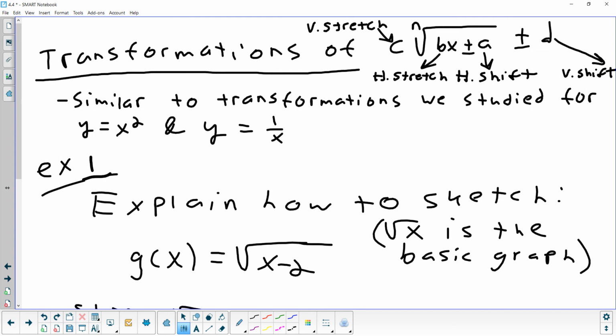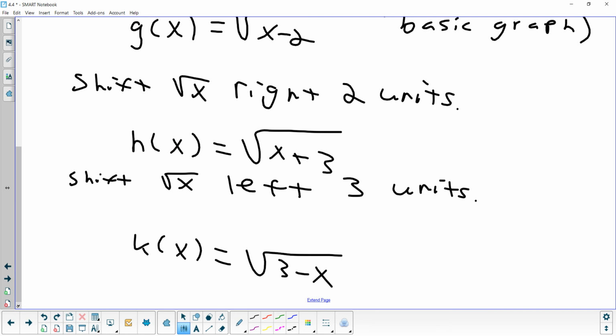So the X term first, the one without the X comes after it. Abigail, how could I rewrite that so my X term is first? Negative x plus 3. Yep, we're going to write negative x plus 3.